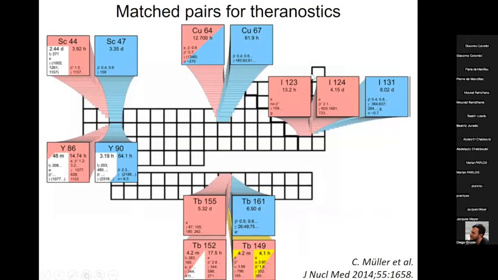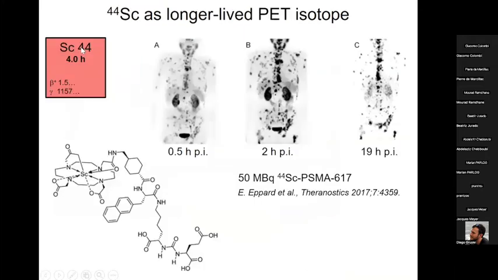And those are so-called theranostic couples or matched pairs, where from the same chemical element, you are using an isotope which is a therapeutic isotope, and you have a diagnostic isotope. And like this, there's no discussion that it will behave the same in vivo. Now, lutetium doesn't have this, but let's see, for example, scandium. Scandium can be used for imaging, and it is actually used to replace gallium because it lives longer.